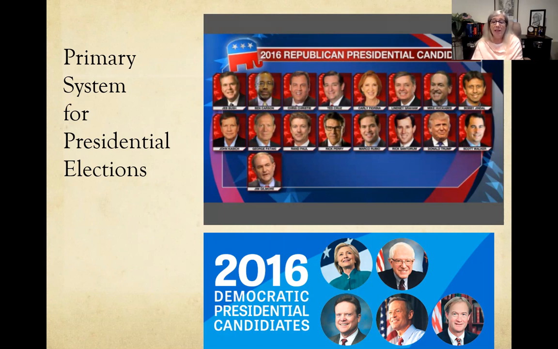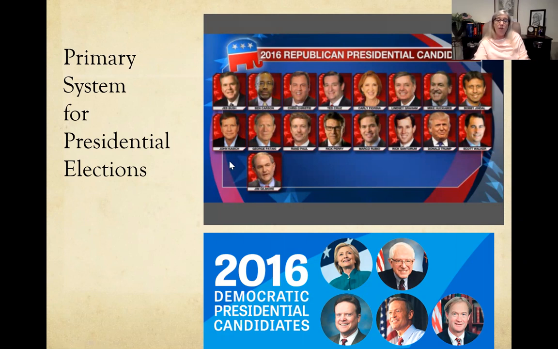So if we go back, the last time that we had not an incumbent running would have been in 2016. And so you had a Democratic primary, you had a Republican primary, and all of these people at some point said that they wanted to be president from the Republican Party. And so they had debates, they campaigned, and they had these primary votes in the various states. And then after a number of states, if you're not getting a certain number of votes, normally those low vote getters will bail out of the primary, and then they'll say, well, I support this person.